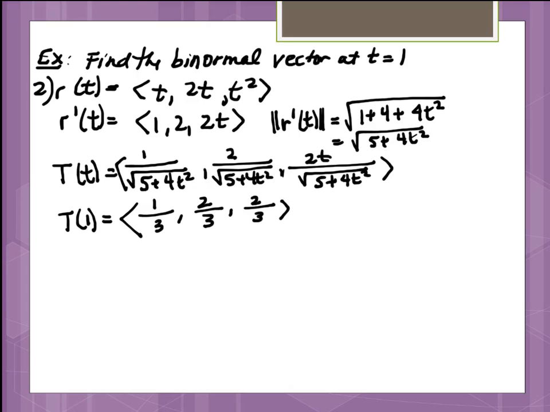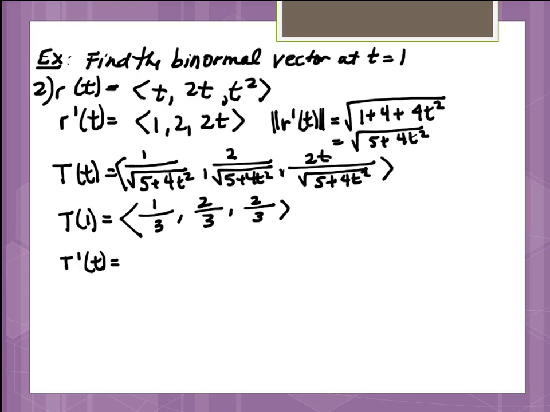Alright, so the next thing we're going to do is find the derivative of our T of t. So we're going to find T prime of t. Now, one way you could do it anyway is just applying the chain rule as though the exponent were a -1/2.